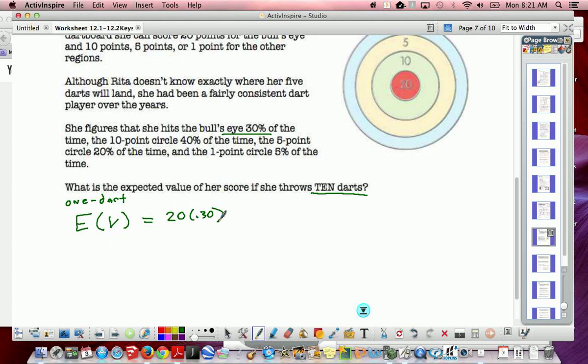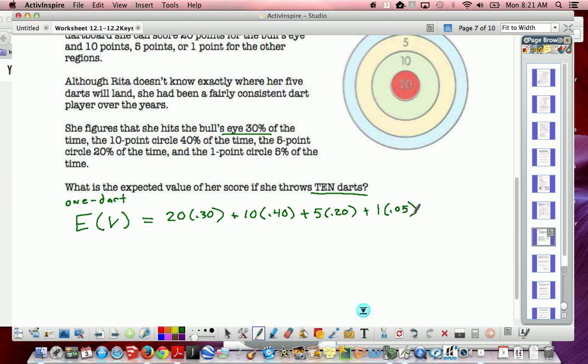So 20 points times the 0.3. Of the 10-point circle, she's going to hit that 40% of the time. So she'll get 10 points 40% of the time. Then the 5-point circle, she's going to get 20% of the time. And the 1-point circle, she will get 5% of the time.